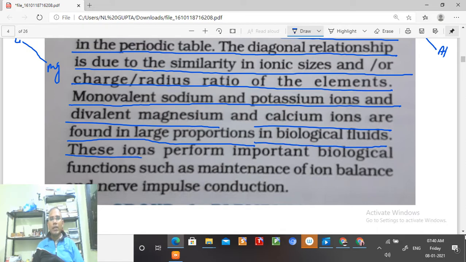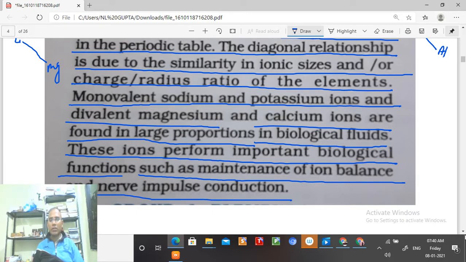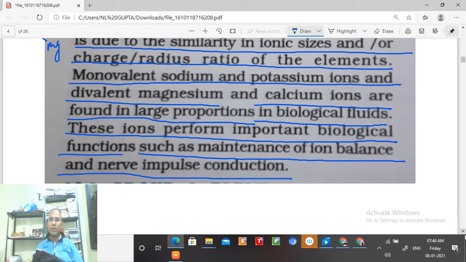These ions perform important biological functions such as the maintenance of ion balance and nerve impulse conduction. So this is our answer.